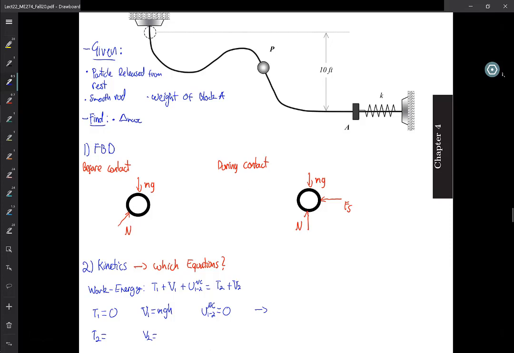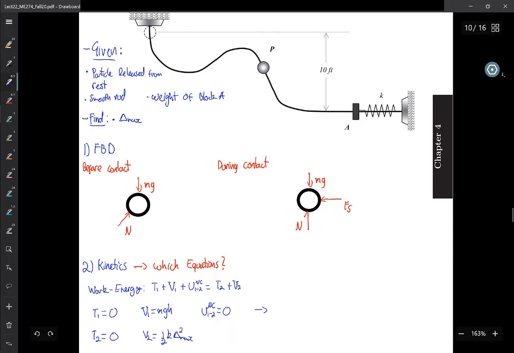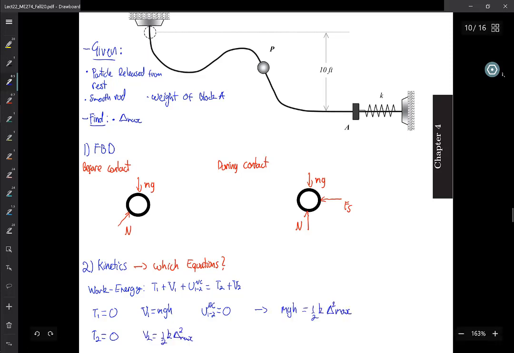Because all the energy has been transformed into compression and potential energy in the spring. Okay, great. Work energy, and I get my solution. And 20 points.